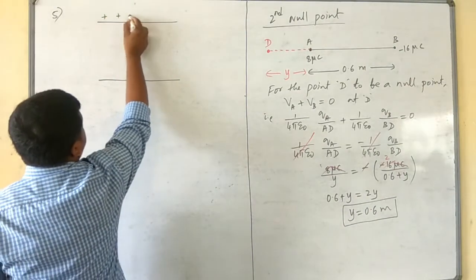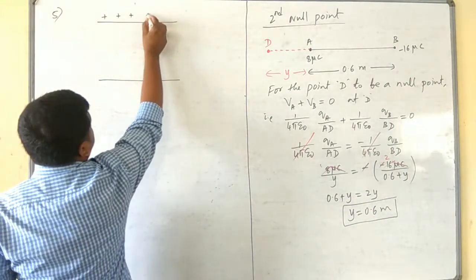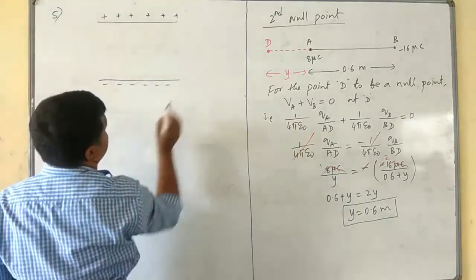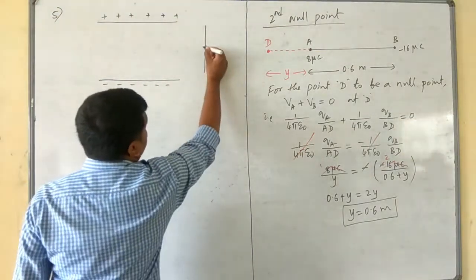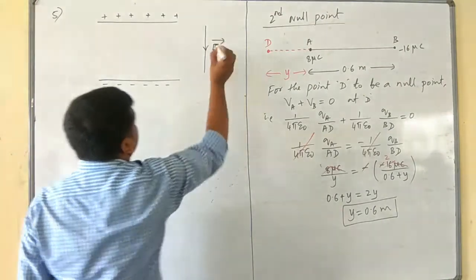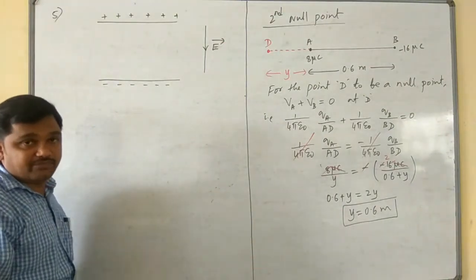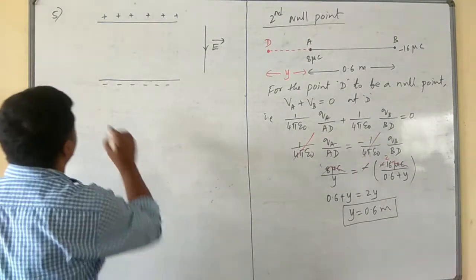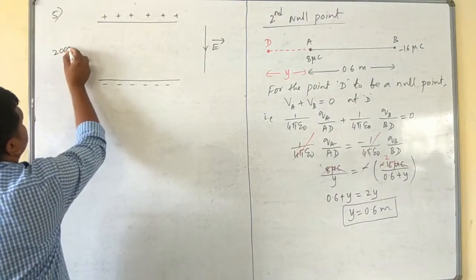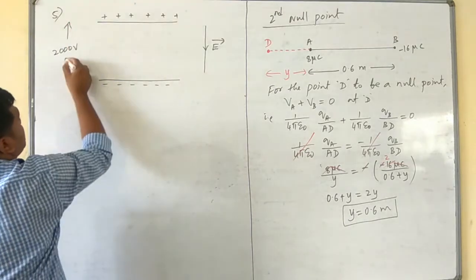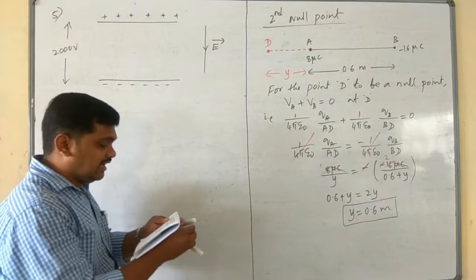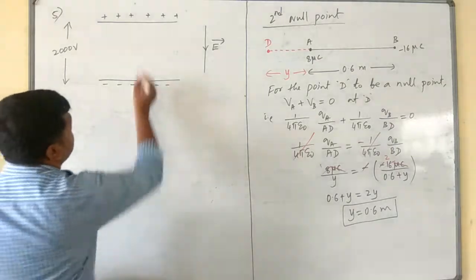Say for example, this is a positively charged plate and this is a negatively charged plate. Okay, this is the direction of applied electric field. Here the potential difference has been given. How much? 2000 volts is the potential difference between these two plates. Here is an oil drop, it seems.